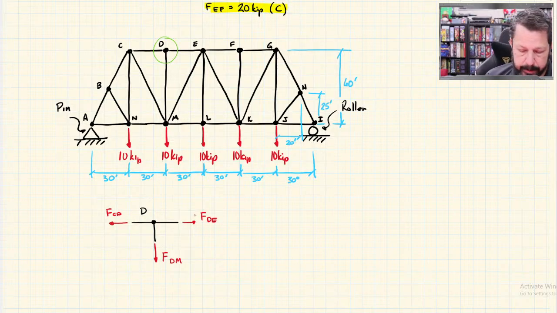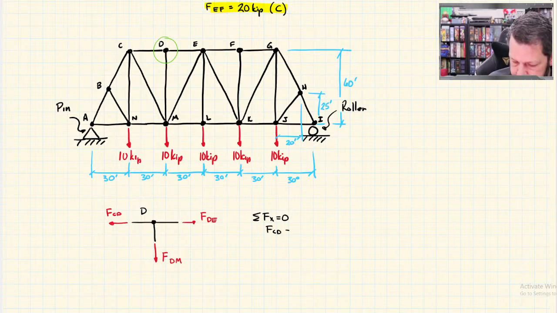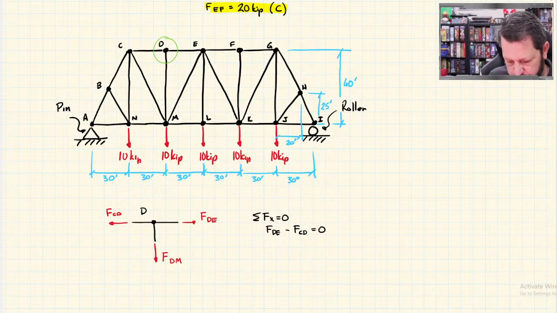Okay, that's fine. Let's write our summation of forces in the X direction for this free body diagram. FDE is going in the positive X direction, minus FCD going in the negative X direction equals 0. DM is vertical, so it doesn't have an X component. It just says that DE and CD equal each other.